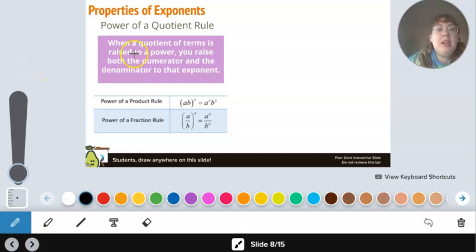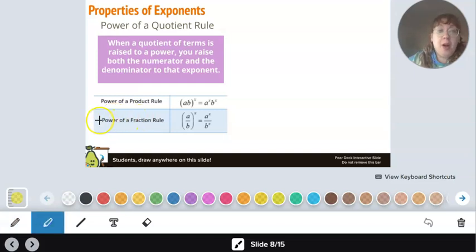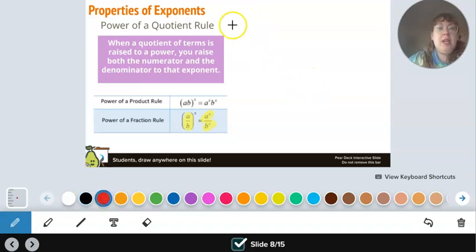So the next one that we see here is the power of a quotient. This is similar to power of a product, only it's when we have two terms that are being divided and that whole fraction is raised to an exponent. We want to make sure that our numerator gets the exponent and our denominator. So we're just going to draw an example here.